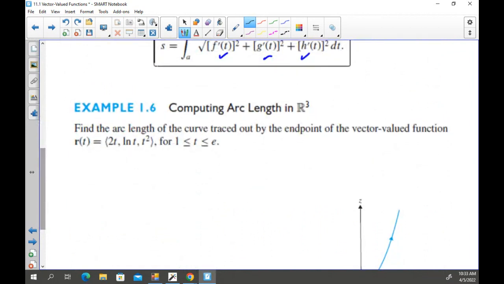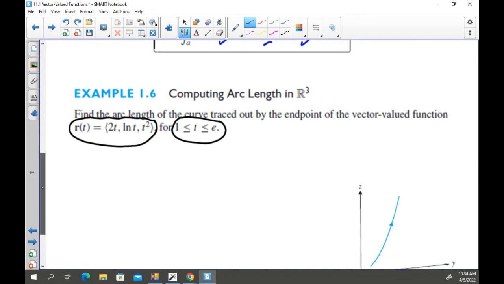Find the arc length of the curve traced by the endpoints of the vector valued function when t goes from 1 to e. Okay.